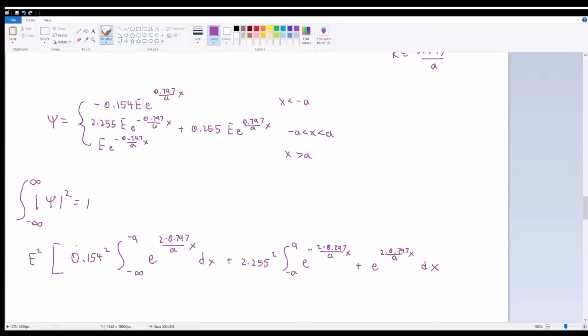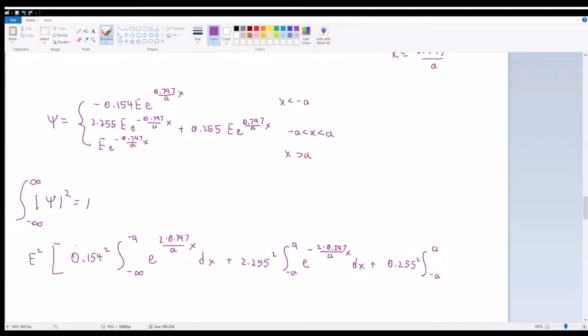Is that correct? No, apologies. I thought they were both 2.255, but one of them is 0.255.